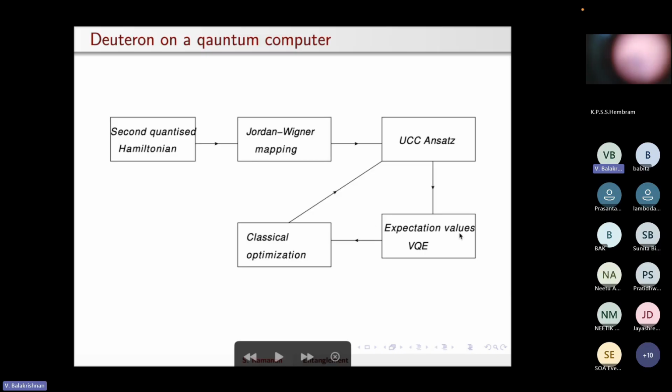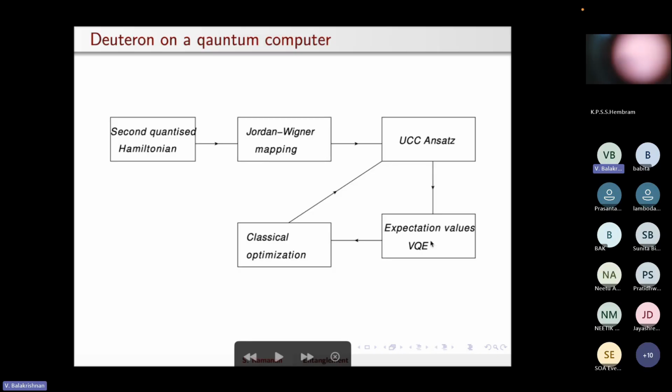Then you compute the expectation value through the VQE algorithm, because it's the ansatz which transforms the Hamiltonian into an equivalent circuit, and the VQE algorithm gives you the expectation value for the choice of parameters that goes into the ansatz.